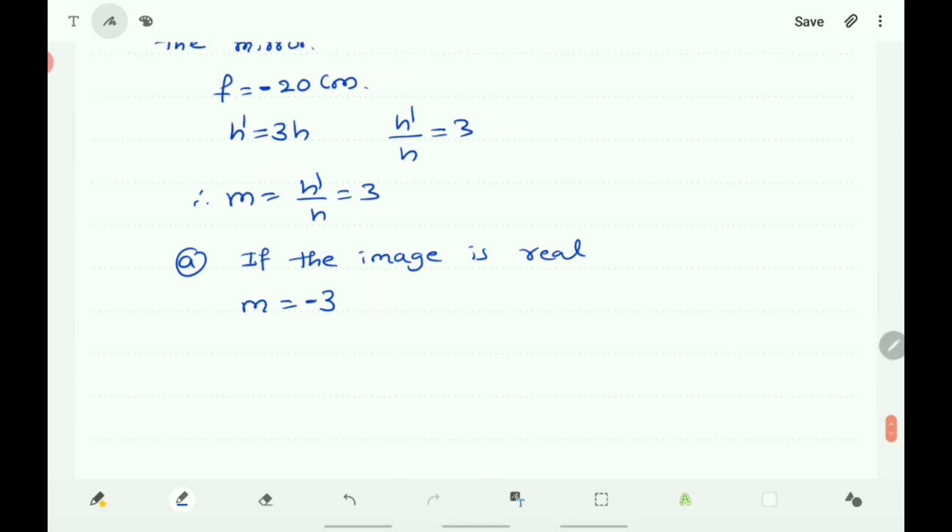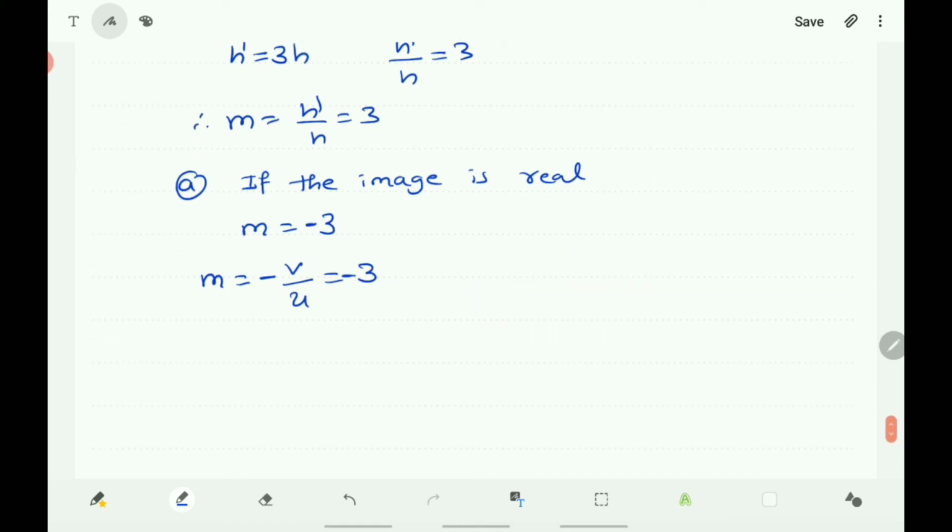Then m is equal to, in terms of object distance and image distance, minus v by u is equal to minus 3. So it becomes v by u is equal to 3, that is v is equal to 3u. Consider that as the first equation.